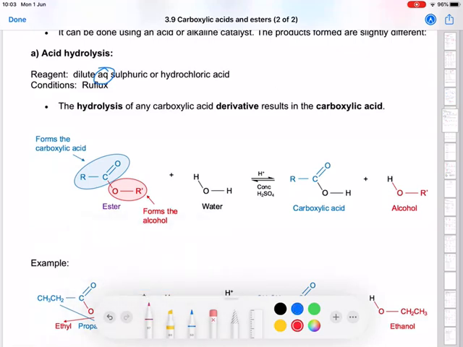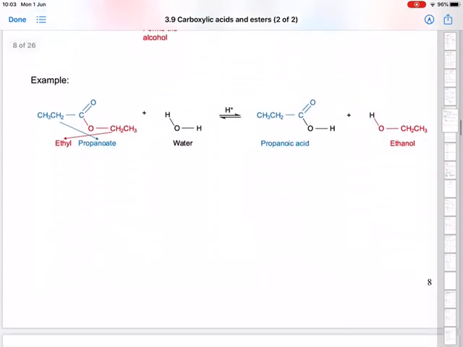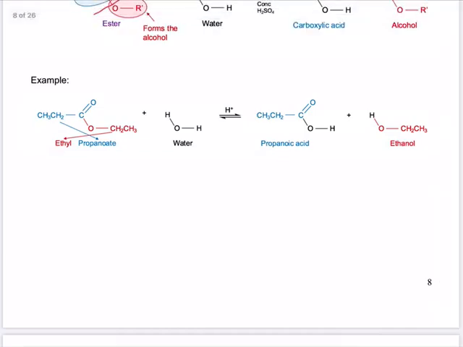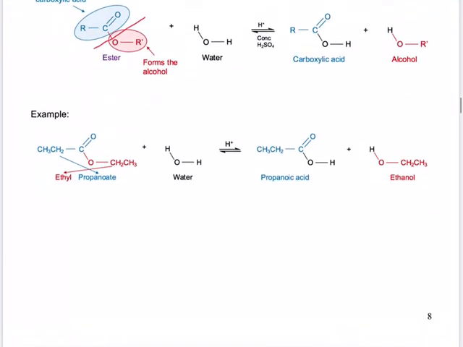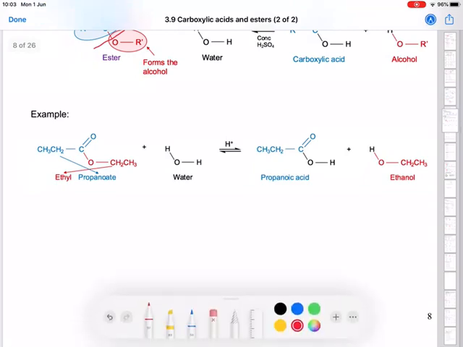So if you remember, we are cutting it at that point there. We put an OH back on the carboxylic acid, and we put a hydrogen back onto the alcohol. Okay. So there's a specific example that is made there, and again, it all kind of connects really.